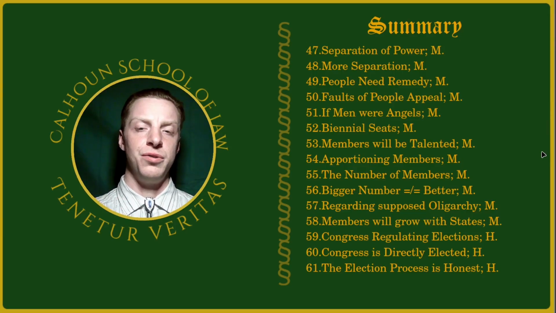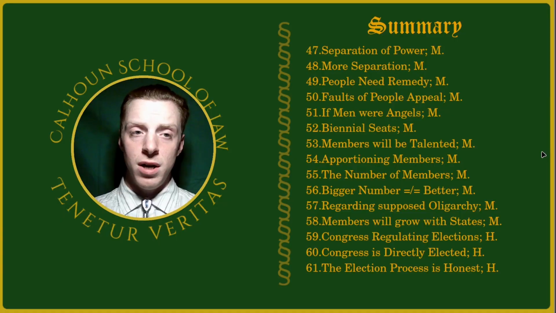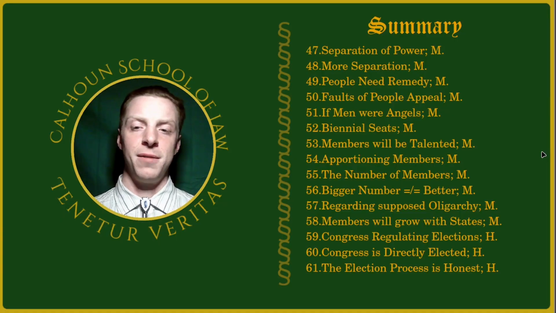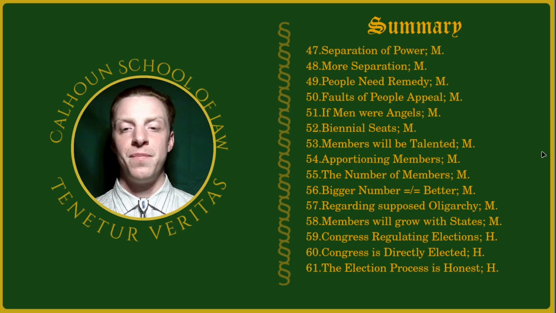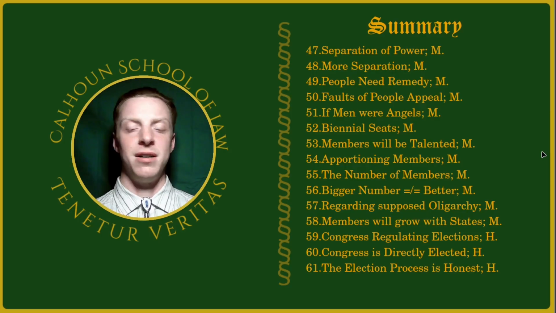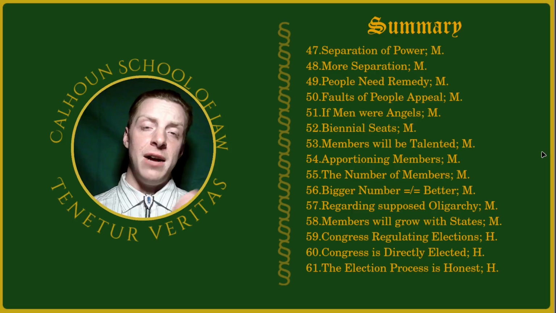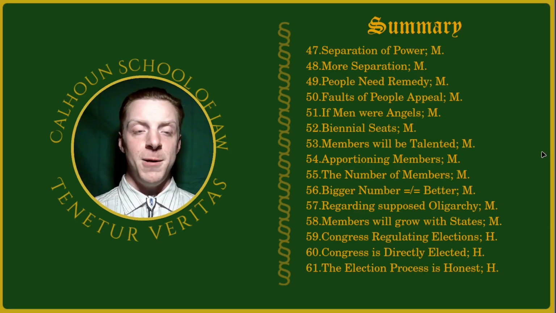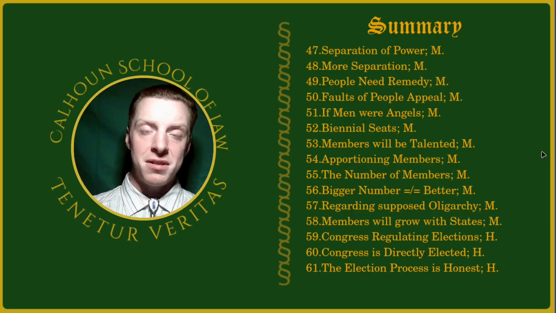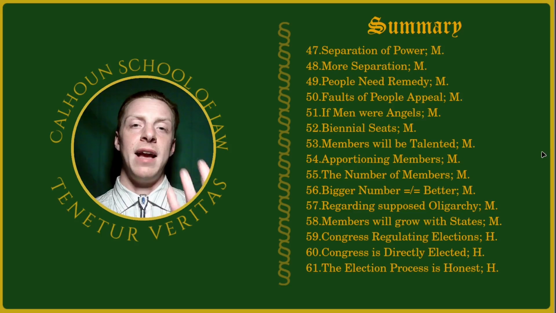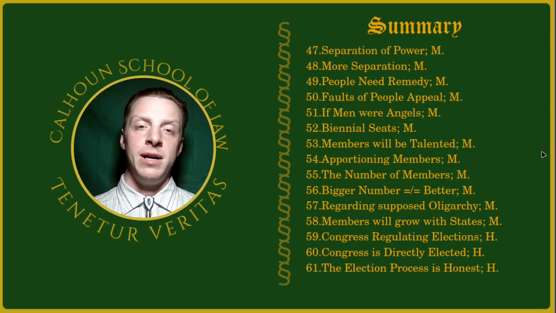Hamilton argues against that. He argues in favor of centralizing and formalizing the election procedure. Number 60, he discusses the direct election of Congress, why it's important, but also very dangerous. He explains the difference between the House of Representatives and the Senate, that the Senate is to represent the state's best interest, and the House of Representatives is to represent the citizens' best interest.